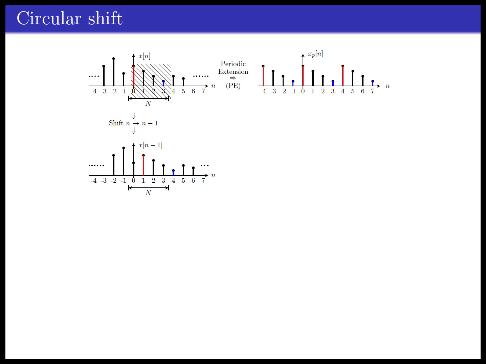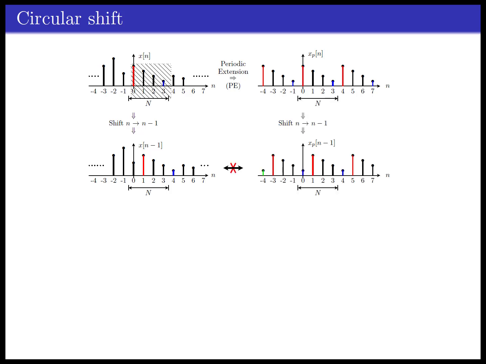When using the periodic extended signal x_p[n] with period N is 4 samples, and then shifting over one sample, it follows that within the fundamental period the N samples of x_p[n-1] and x[n-1] are not the same.